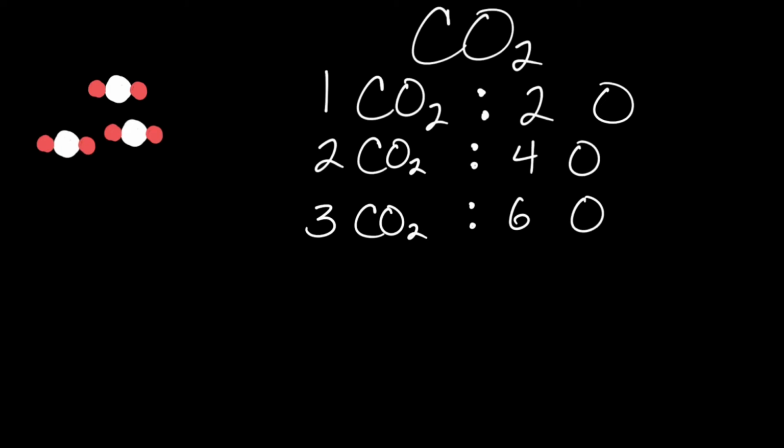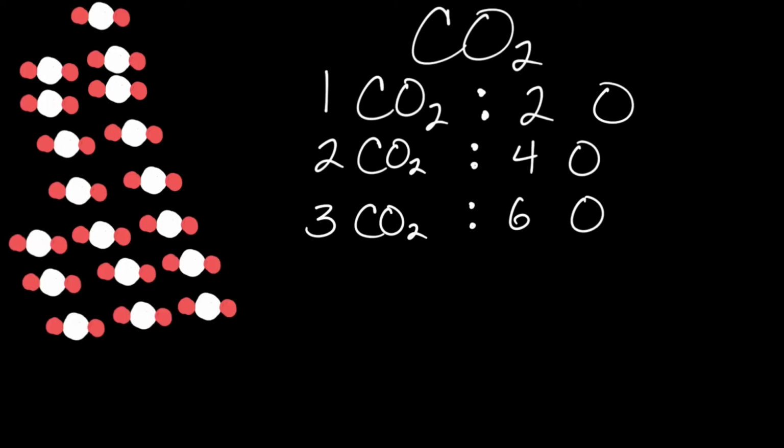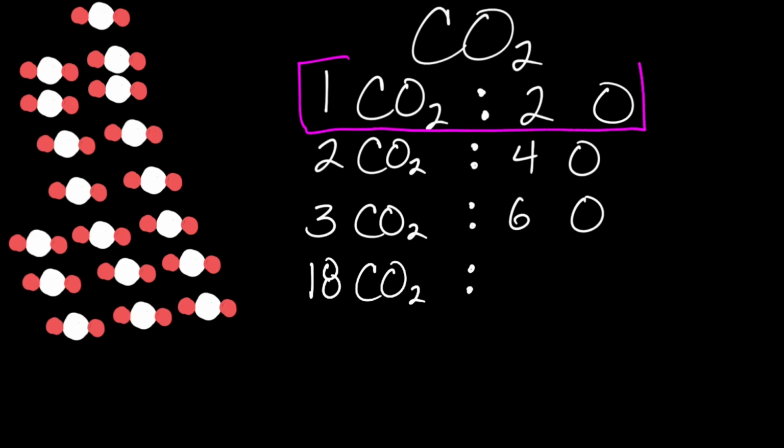What if I had 18 CO2s, 18 carbon dioxides? All right, there they are. You could pause the video to count these if you want to, but they're there, 18 carbon dioxides. So how many oxygen atoms would be there? Well, we could count these out, or we can think about the ratio represented by the chemical formula, a 1 to 2 ratio.